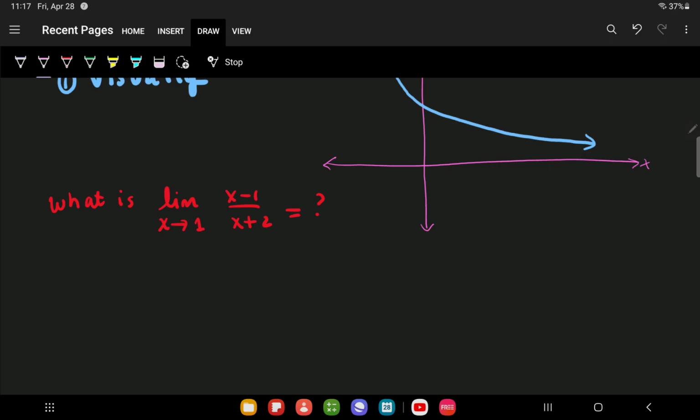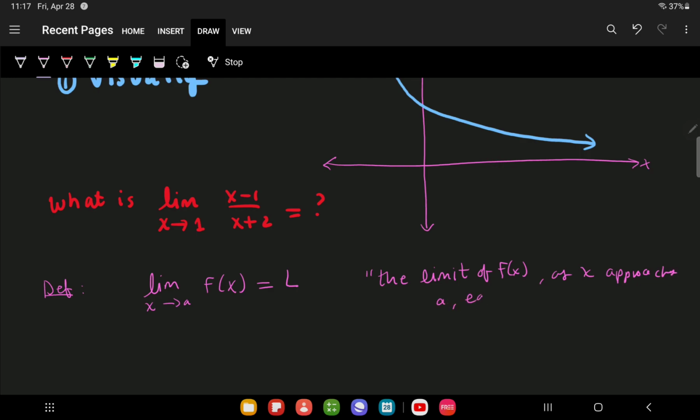So intuitively, you can define: the limit as x approaches a of f of x equals L, and we say the limit of f of x as x approaches a equals capital L. And what are we saying?